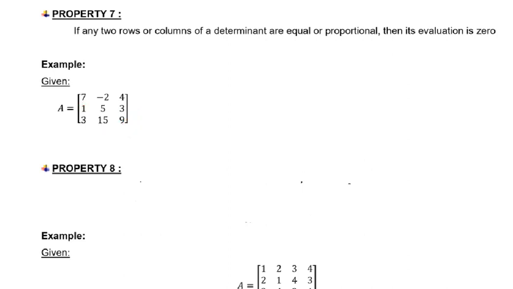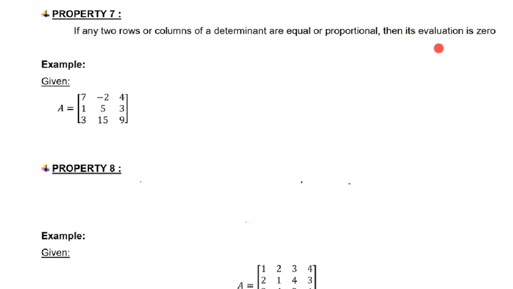So 1 times 3 is 3, 5 times 3 is 15, 3 times 3 is 9. So our row 2 and 3 are proportional. Even if it is not a row, even if it is a column that is proportional, property 7 can apply.